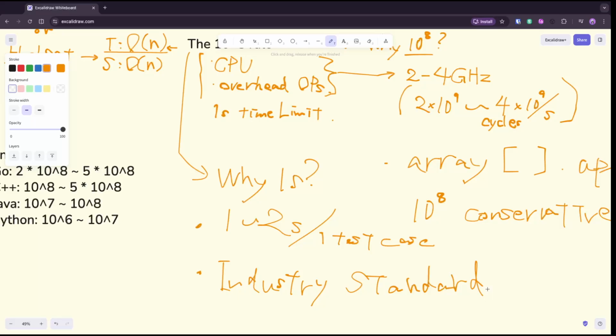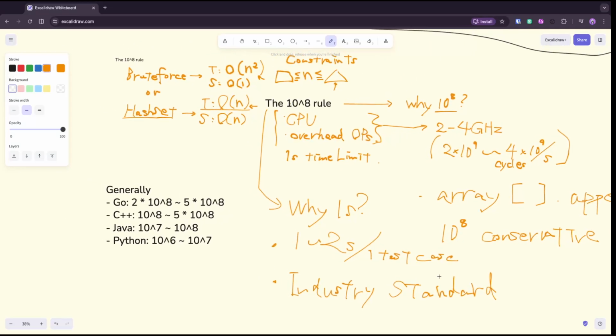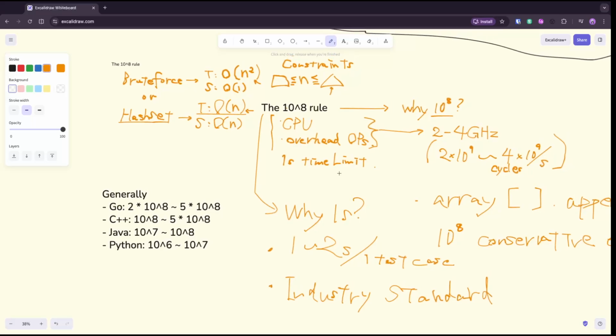For measuring algorithm efficiency. Okay, let's wrap up. Keep in mind to be careful of constraints and time complexity.